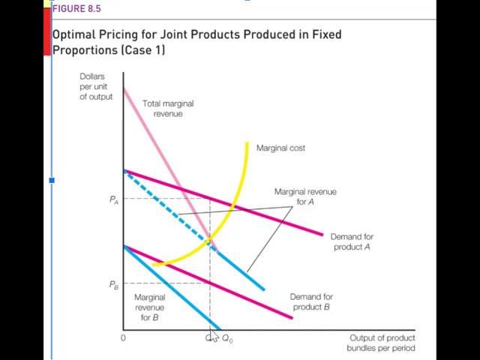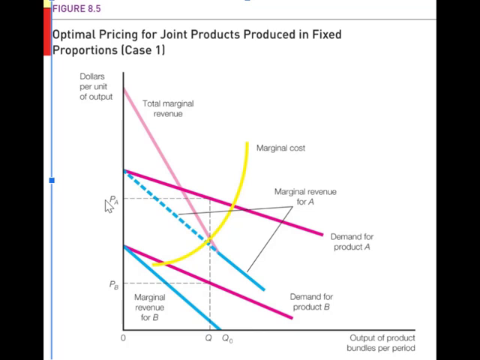And then at that output level, you can also find the market price for products A and B by tracing back on the demand function. When QA equals Q, going vertically up on the demand function, the price should be PA for product A, and at that same output Q, product B should be priced according to its demand function, PB.